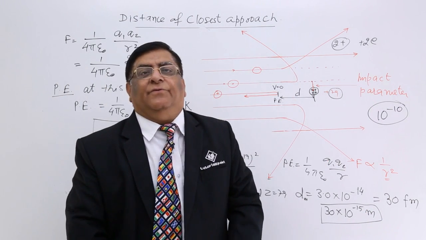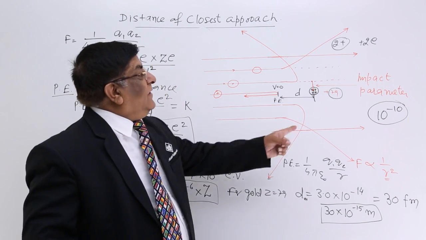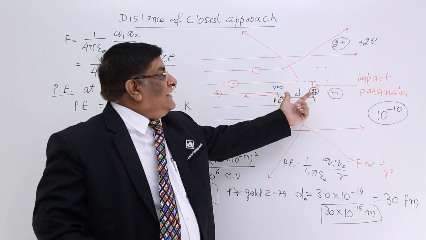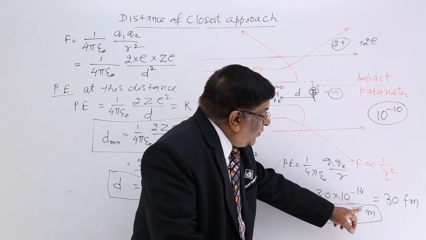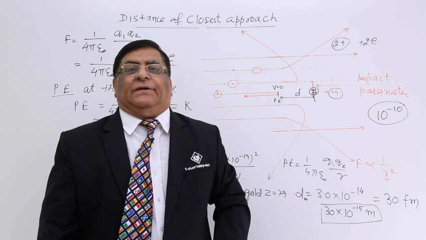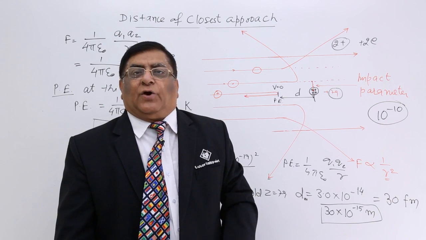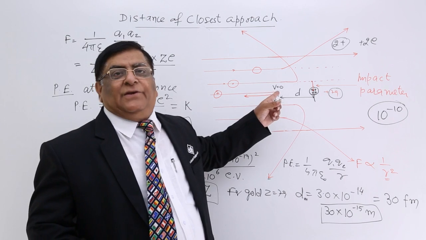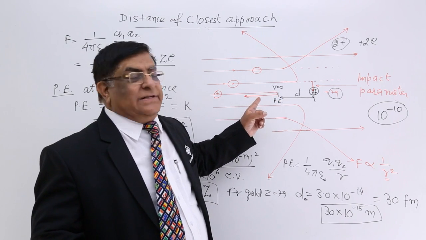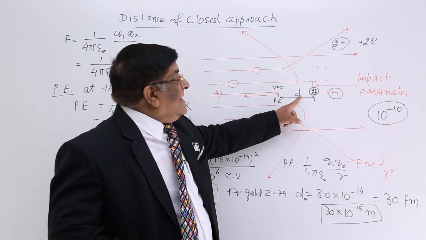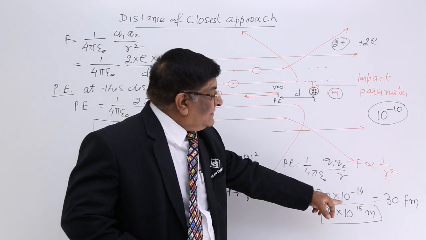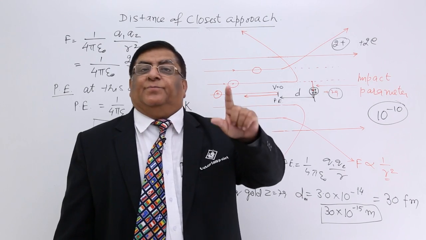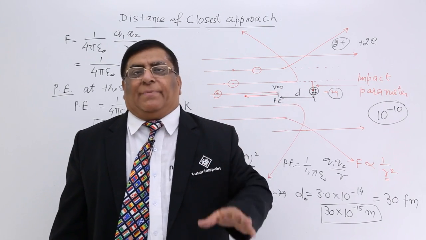Now with this, we can find the idea of what should be the size of this. Yes, it is very clear. This size has to be in the order of 10 to the power minus 15, right? Because if it is larger than that, then it would have turned back from here, 10 to the power minus 14, or 10 to the power minus 13, but it has penetrated and gone to a distance which is 10 to the power minus 15. So the size should be 10 to the power minus 15, whatever is the number.